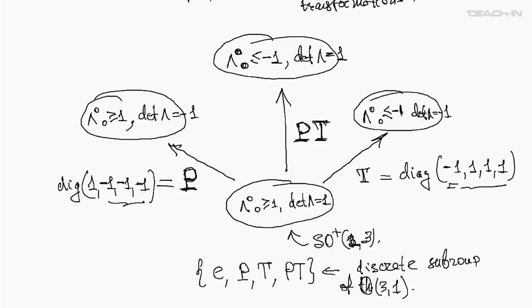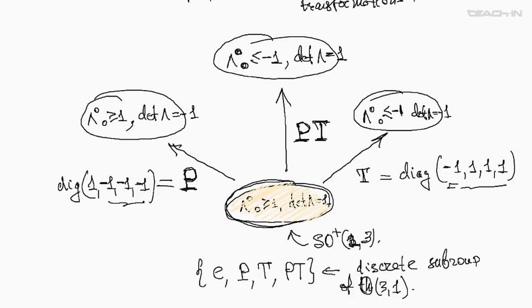Okay, now this picture suggests that only this component here is an actual subgroup. So maybe I will color it a little bit with yellow. So only this component here, which is the proper orthochronous Lorentz transformations, forms a subgroup of the Lorentz group. The other components, if you take them by themselves, do not form a subgroup.